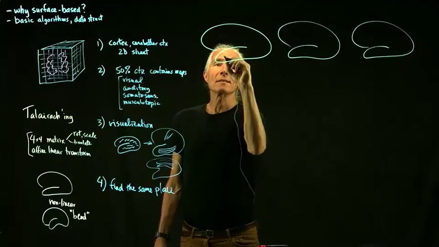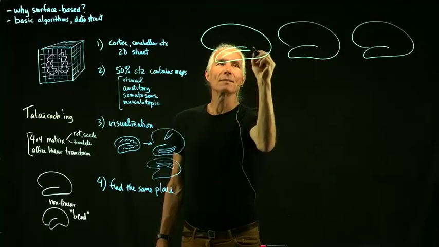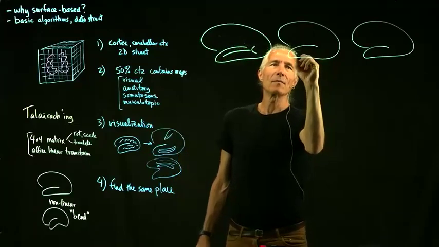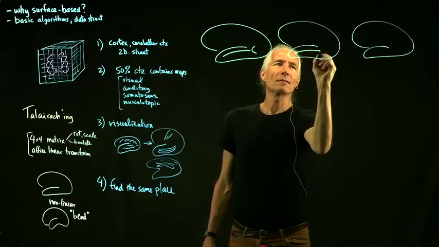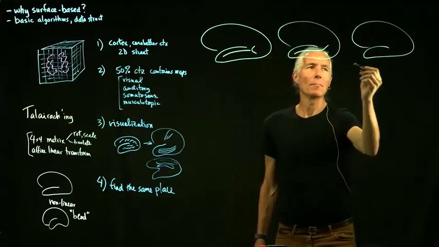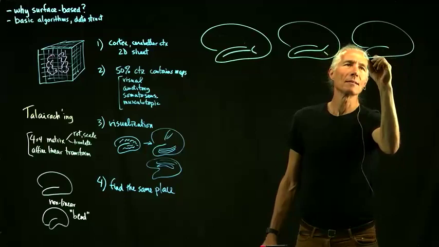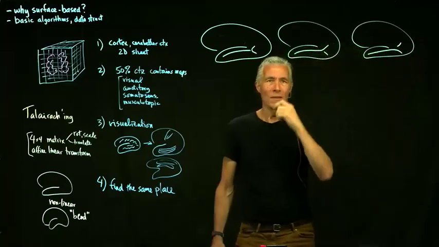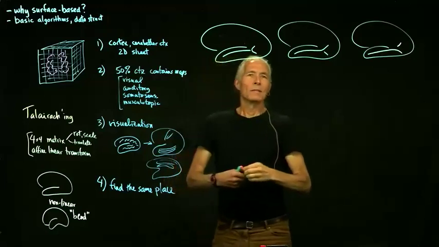In some brains, the superior temporal sulcus kind of stops, and then there's another sulcus behind it like that. Then you'll find another brain where the superior temporal sulcus goes like that, and then it continues up. And in other brains, the superior temporal sulcus goes down, and then there's maybe a sulcus up like that. So what's the problem?